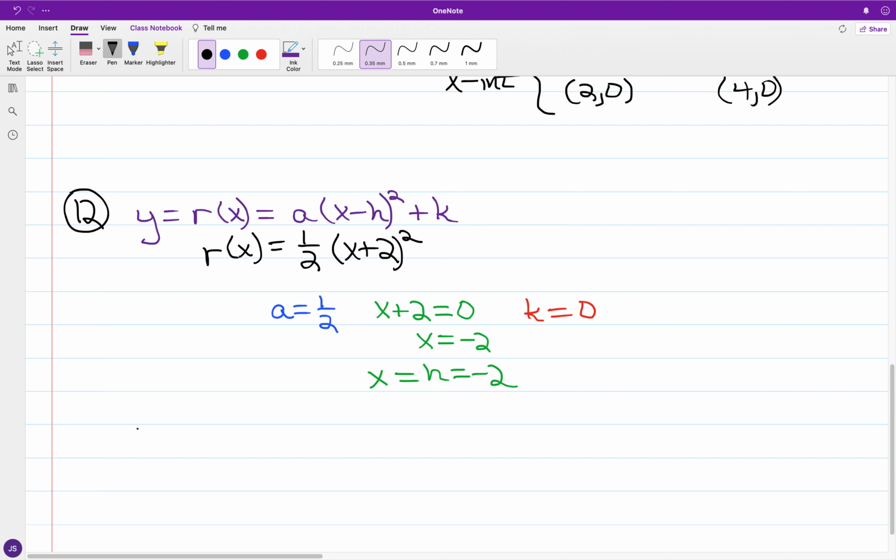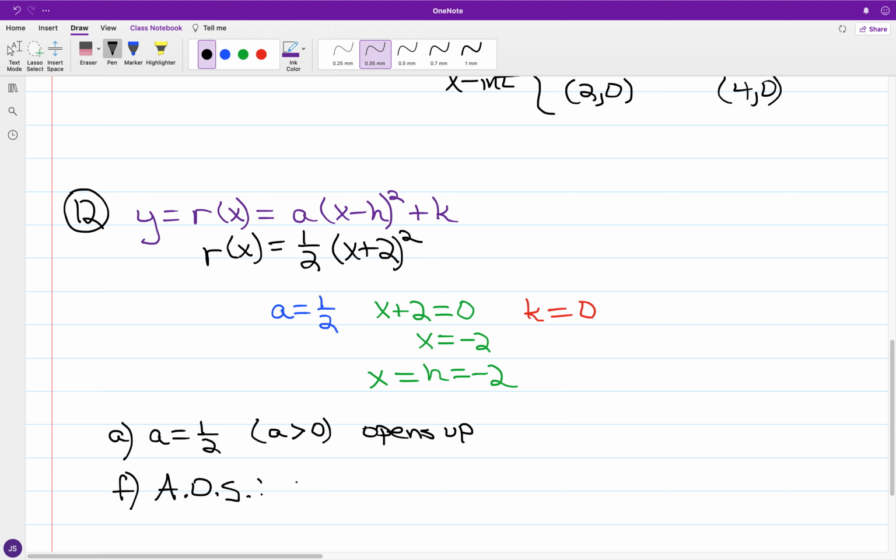And just for the items once again, the direction that the graph opens is contingent upon the sign value of a. So with a at 1/2, 1/2 is positive. So the graph is going to open upward. And in the case of the axis of symmetry, your h value we have at -2, so x is equal to -2.